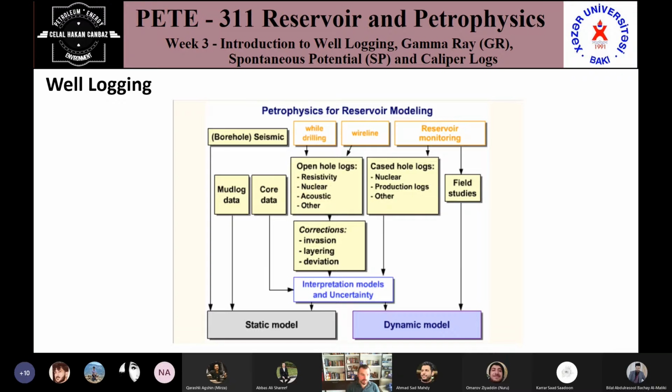Okay, by time. Because of that, your static pressure and temperature will be totally different compared with the dynamic one. Your dynamic pressure and temperature will be much more close to your reservoir pressure and temperature compared with the static one.